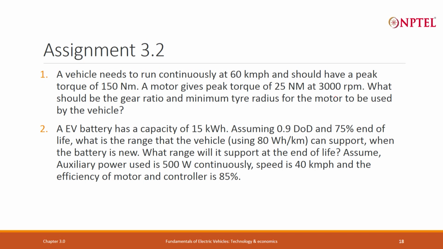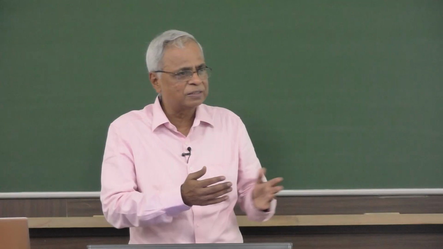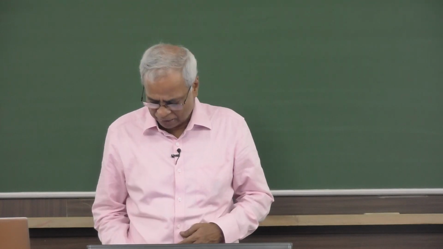Now, I also assume that there is an auxiliary power of 500 watt continuously used, the air conditioner. Speed is 40 kilometer per hour, and the efficiency of the motor and controller is 85%. Compute this, it will be interesting. Many things that you have learnt so far will actually come into the picture.